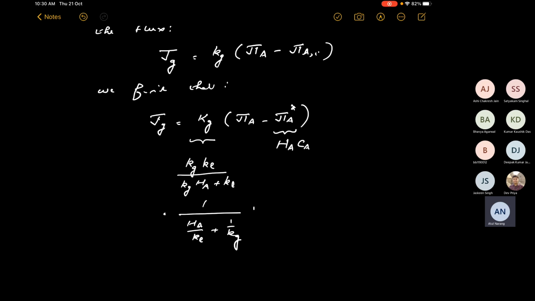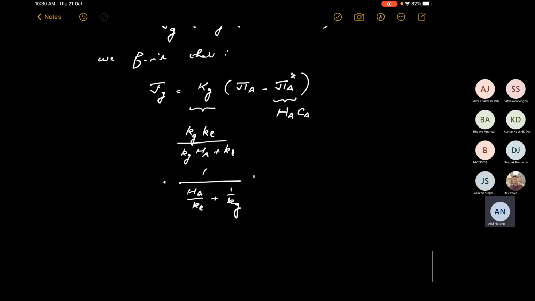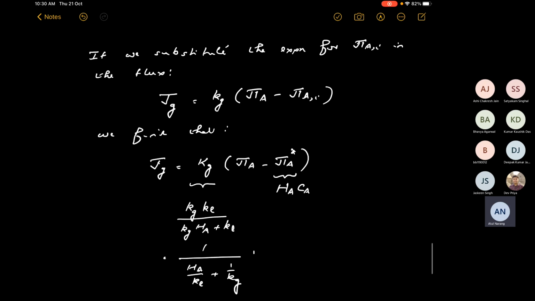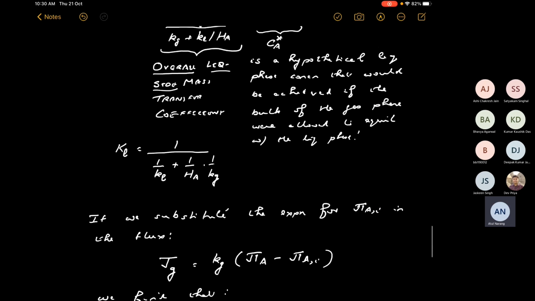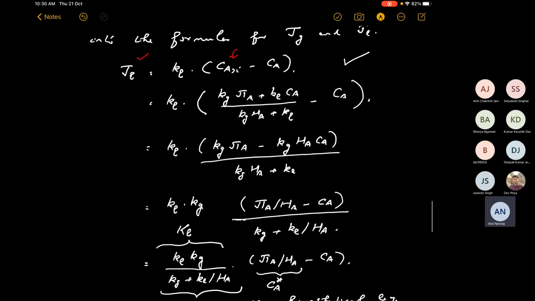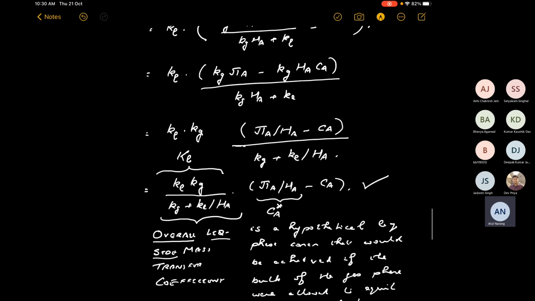Either one of these two expressions can be used because JL is equal to JG. We will almost always be working with the JL expression, and we need not distinguish JL and JG because they're equal. So we'll just call it J, and this is the expression.